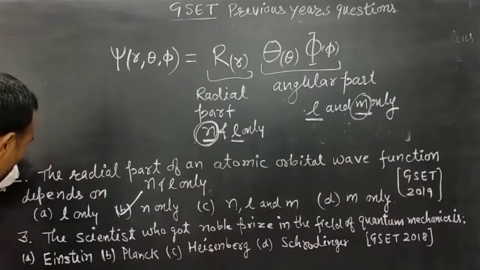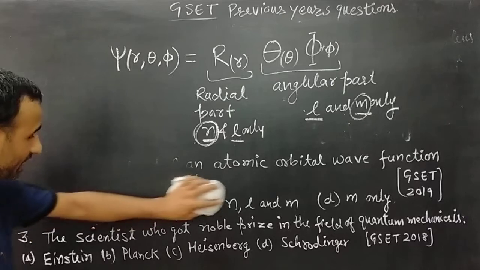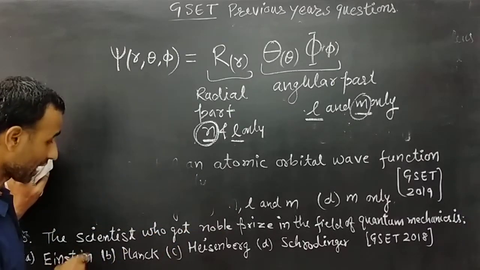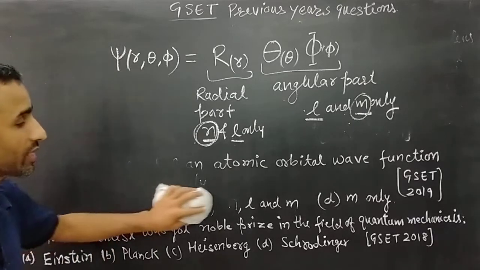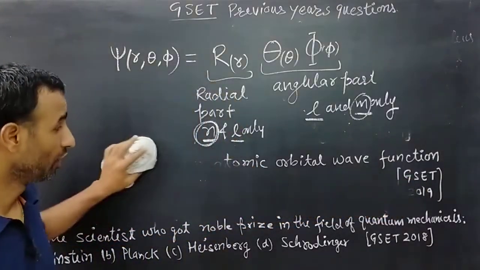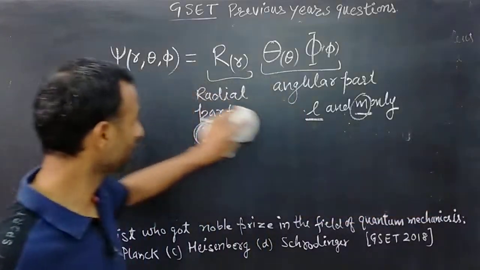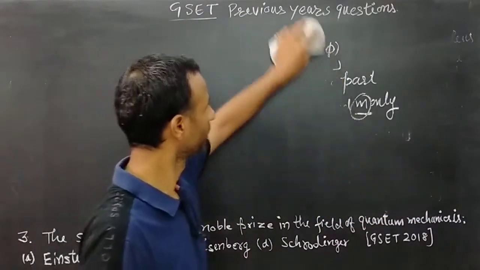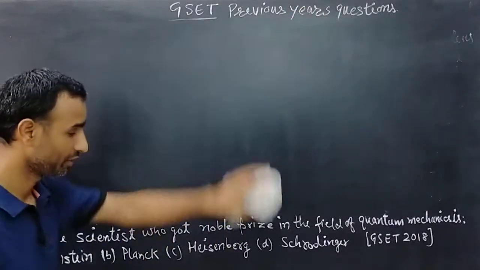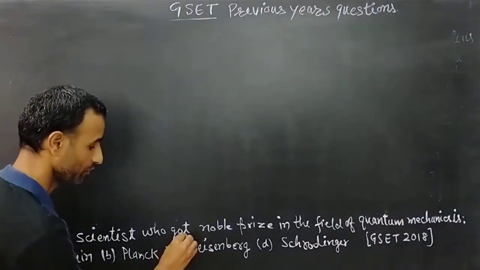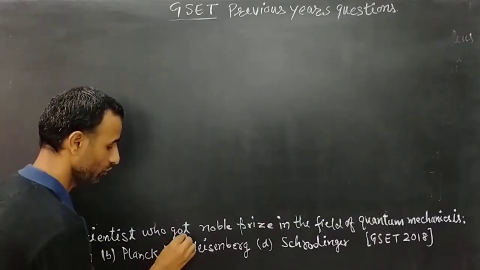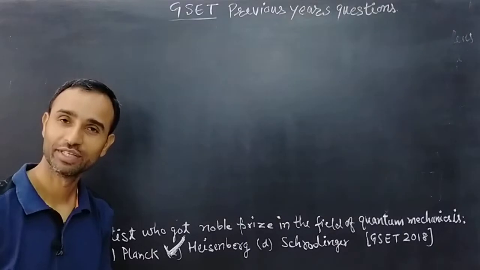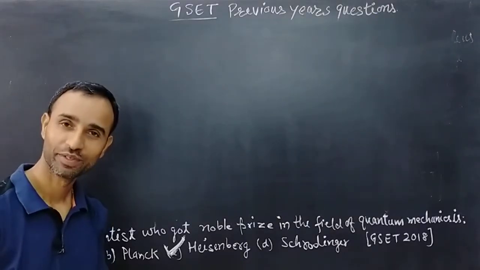Right? Okay. This is a very easy question from GSET 2018. The scientist who got Nobel Prize in the field of quantum mechanics. Means quantum mechanics is created by, tell me. So keep in mind Heisenberg. He was the creator of evolution of quantum mechanics in 1932.